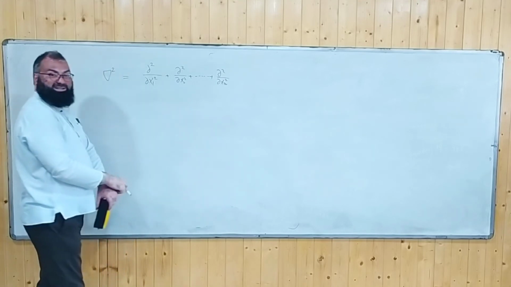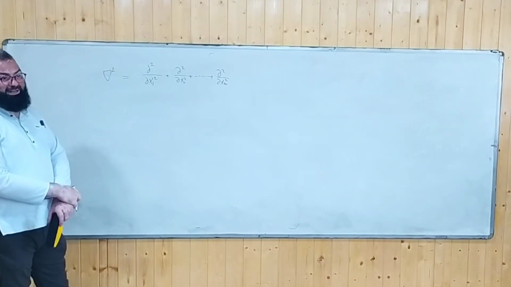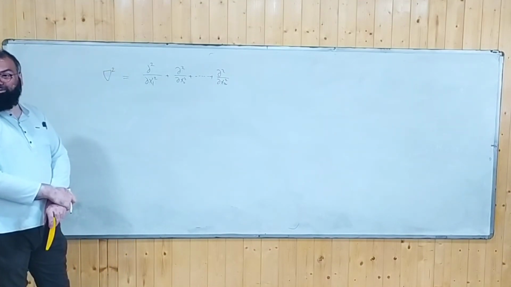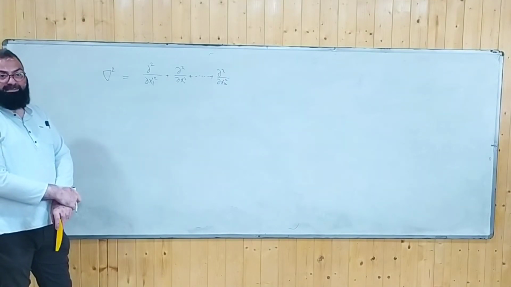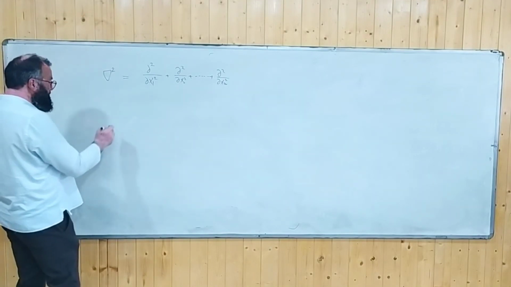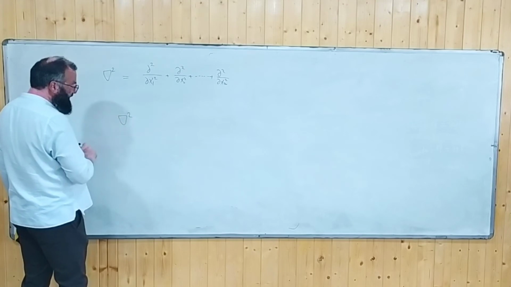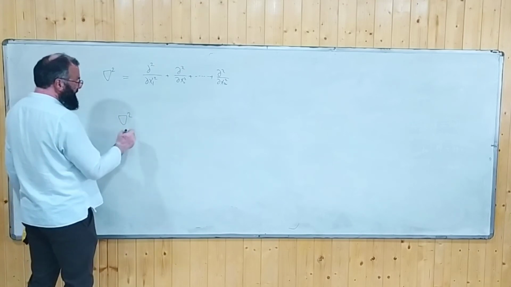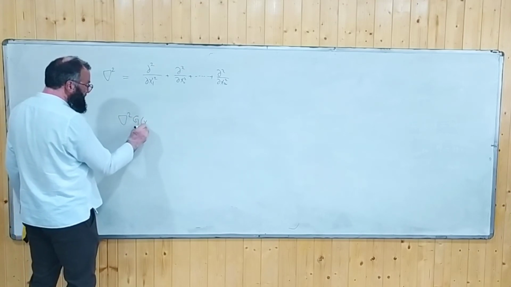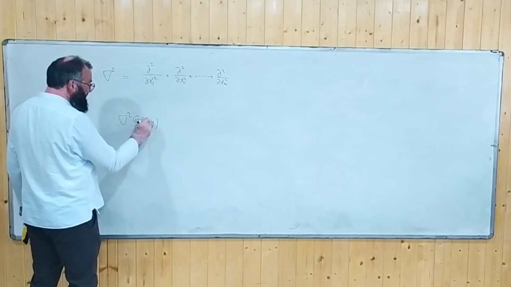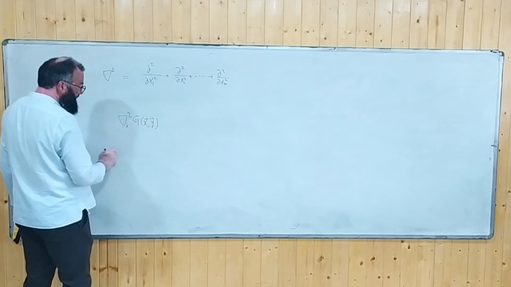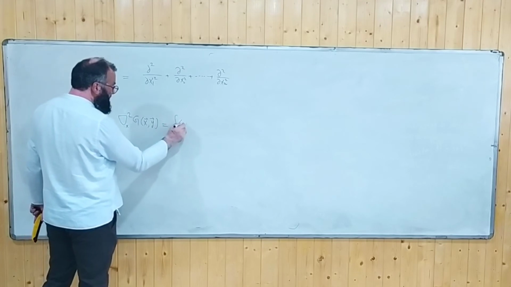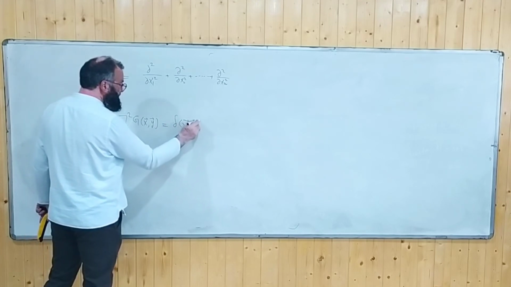So this is the Laplacian in m dimensions. Let's try to figure out what is the Green's function corresponding to this Laplacian in m dimensions. What do I need to solve? I'll write del square, the Laplacian, acting on this Green's function g of x, y, in m dimensions, equal to delta of x minus y.